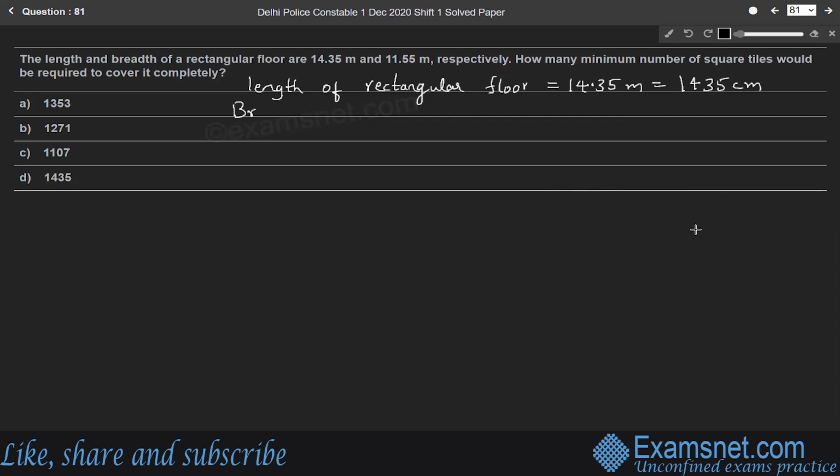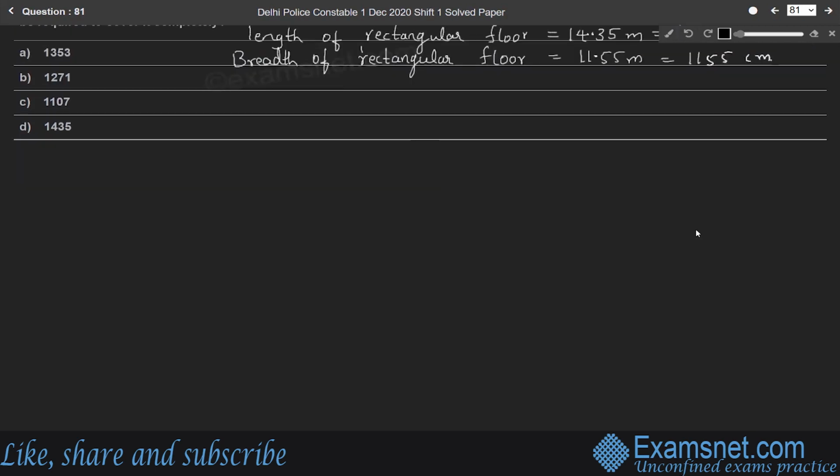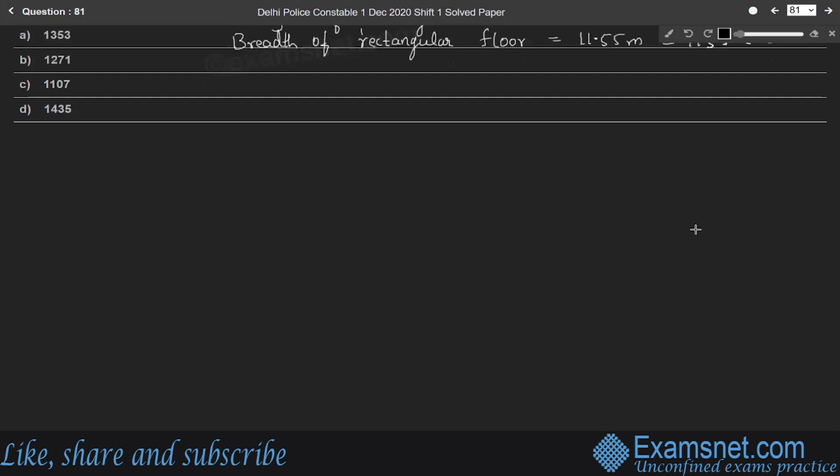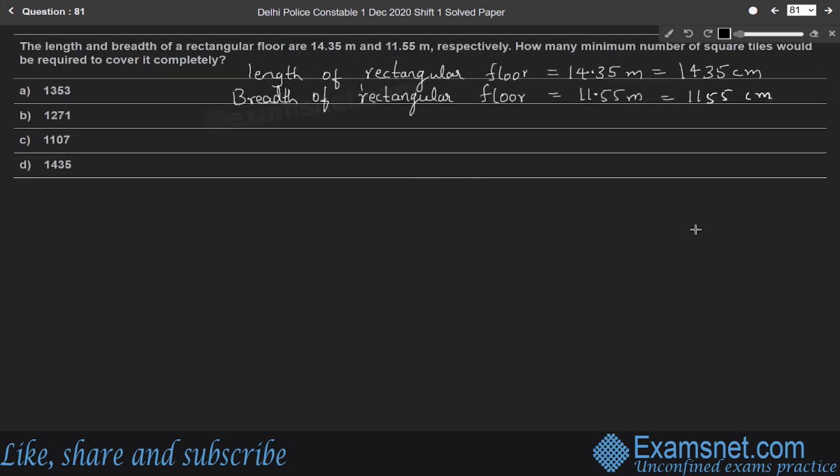Breadth of the rectangular floor is equal to 11.55 meter, which is 1155 centimeter, right?